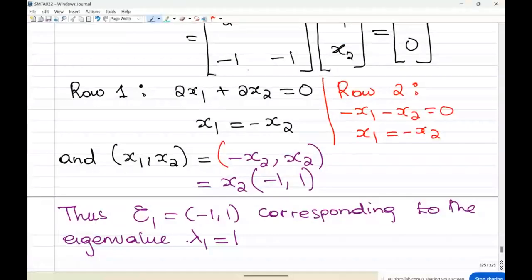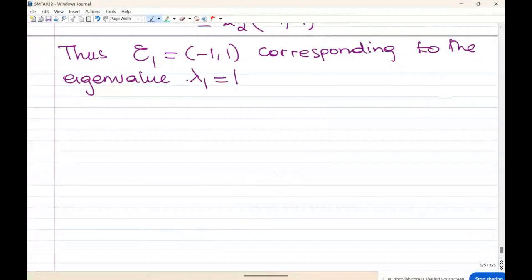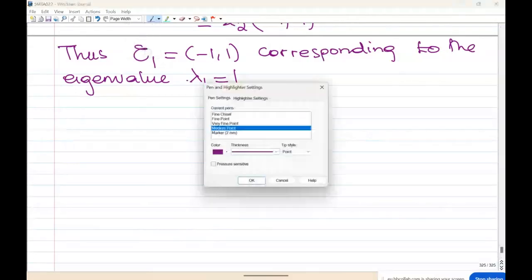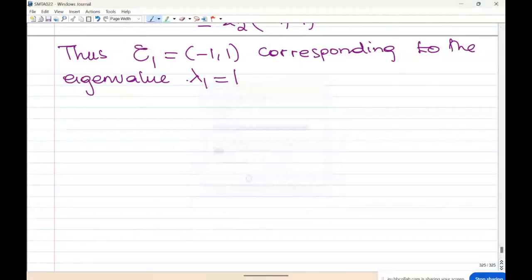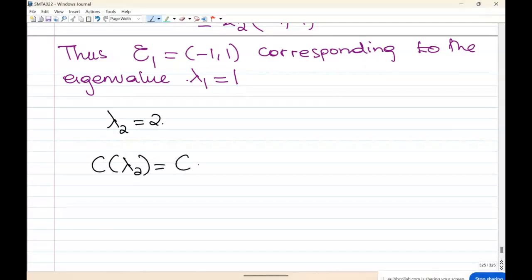Then now, for the second one, remember, you are now going for lambda, which is equal to 2. We are going for lambda 2, which is equal to 2. Are you ready? And that's where you are going to get your C of lambda 2 multiplied by this variable x, and the answer will be equal to this 0.